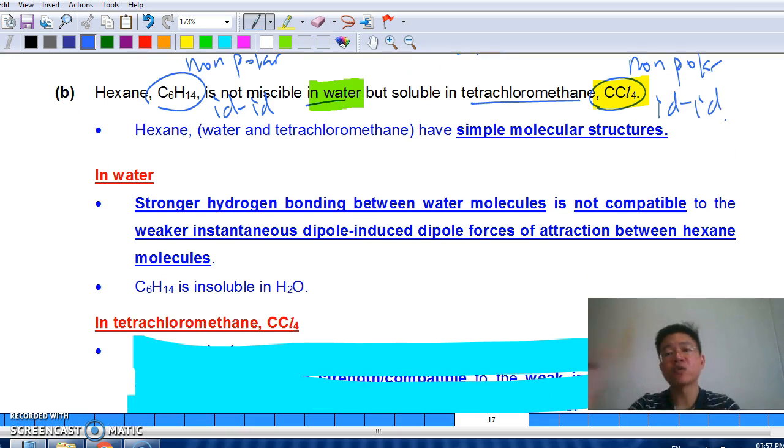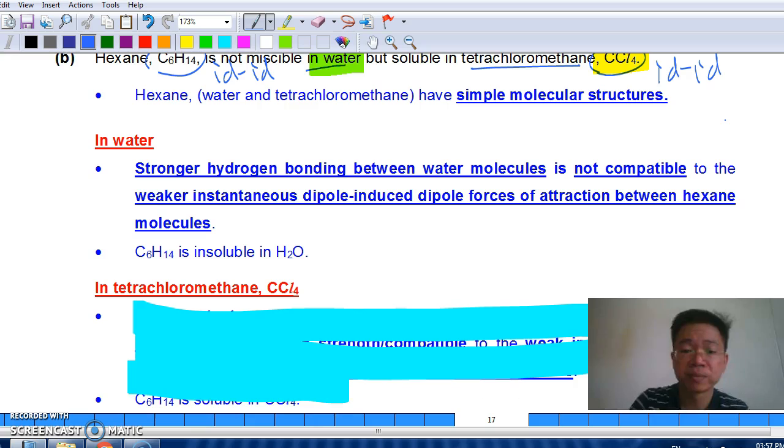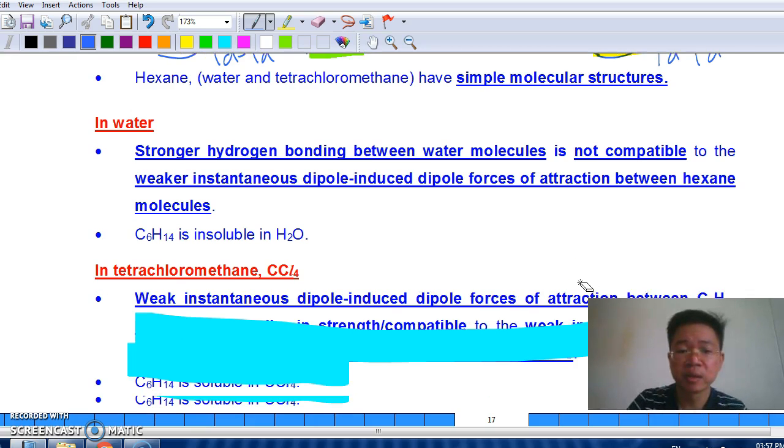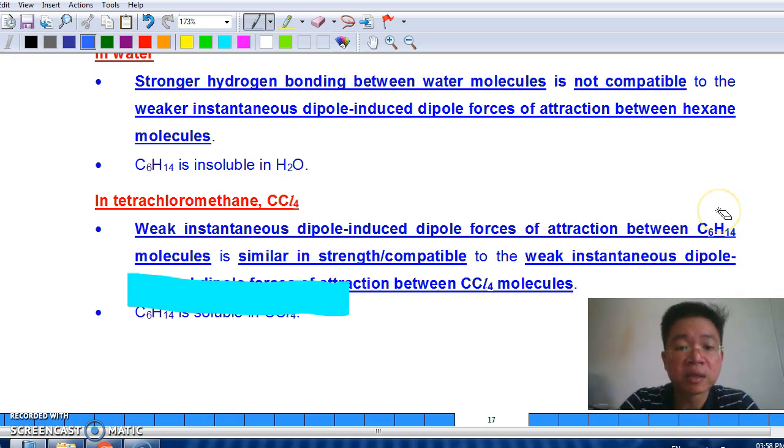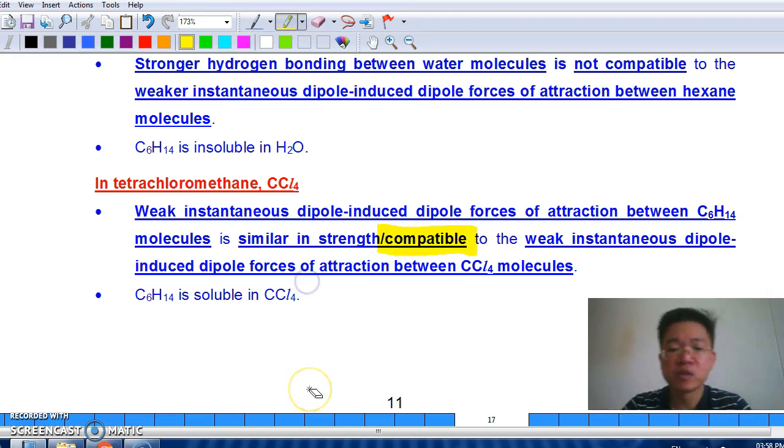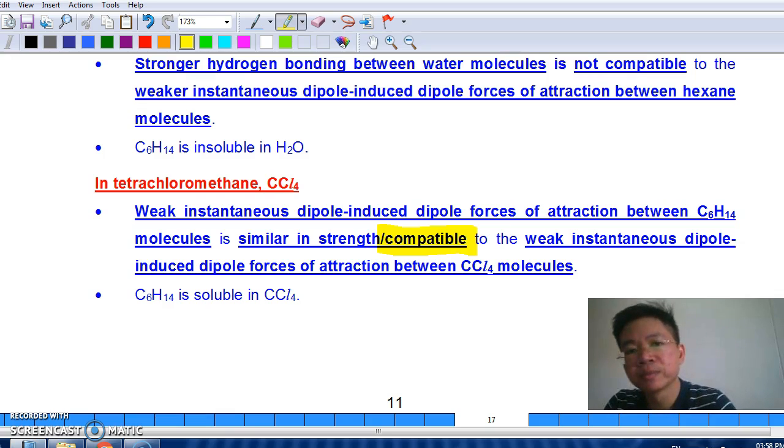So the two types of forces are compatible. So this is how we will write. The weak ID-ID forces between the C6H14 molecules is similar in strength, or compatible, to the weak ID-ID between the CCl4 molecules, and hence the hexane is able to dissolve in CCl4 organic solvent.